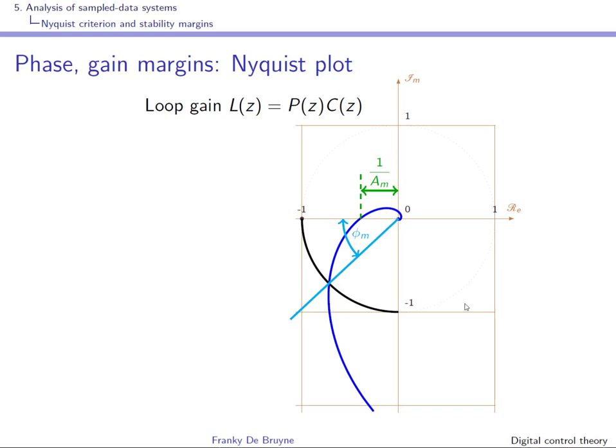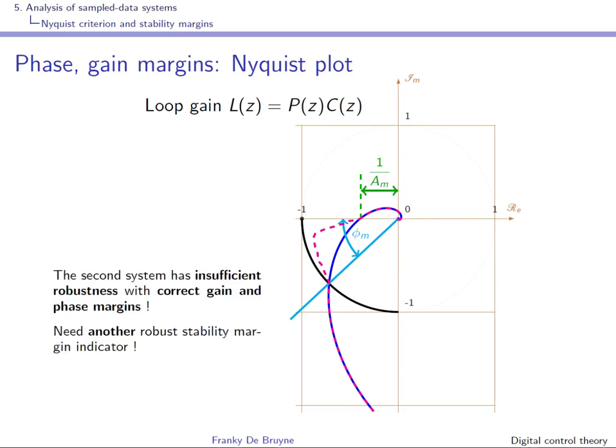When you look at the Nyquist curve of the loop gain here in blue, you can read that the phase margin is Vm and the gain margin Am. You can consider another case of a loop gain that is shown here in the dashed line in purple, where you have exactly the same phase margin and the same gain margin, but you can clearly see that this Nyquist curve comes much closer to the critical point -1.